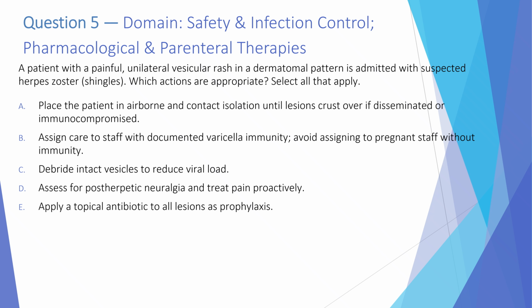So a patient with a painful unilateral vesicular rash in a dermatomal pattern is admitted with suspected herpes zoster, which is shingles. Which actions are appropriate? Of course, select all that apply because we have multiple here. Place the patient in airborne and contact isolation until lesions crust over if disseminated or immunocompromised.